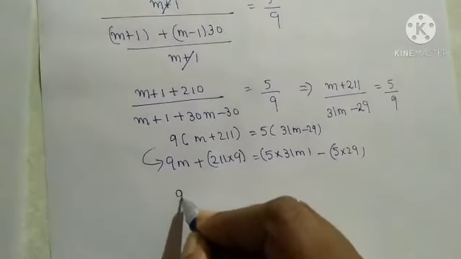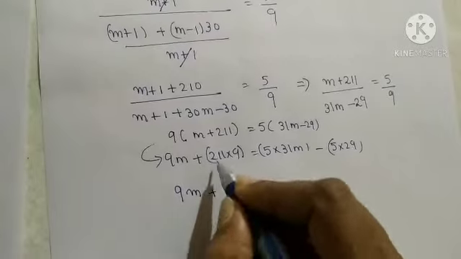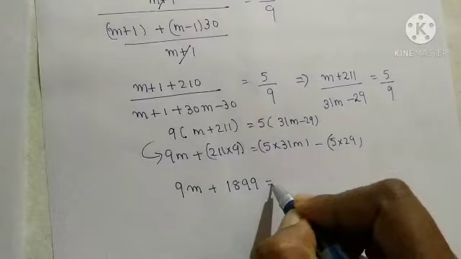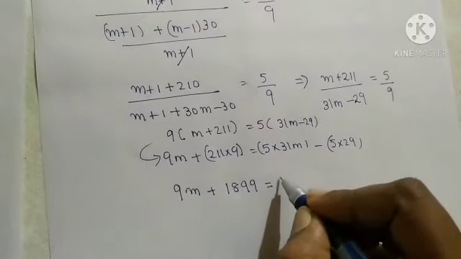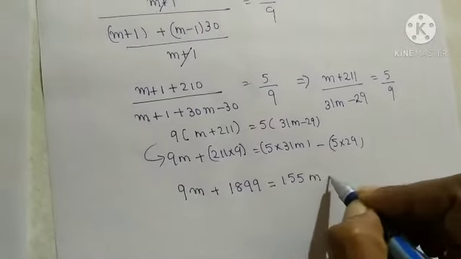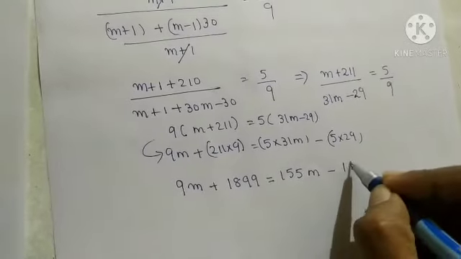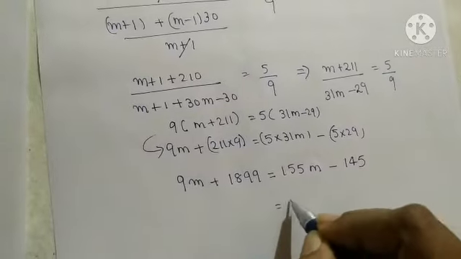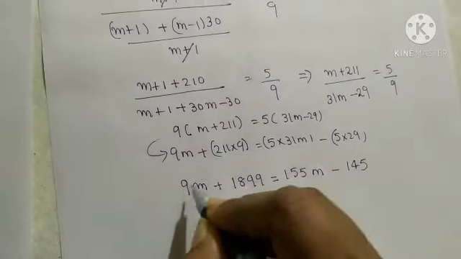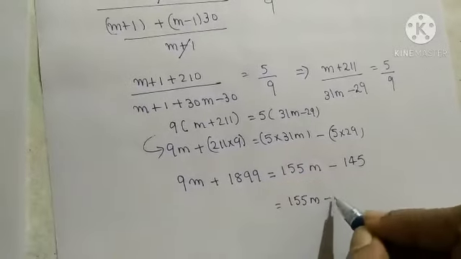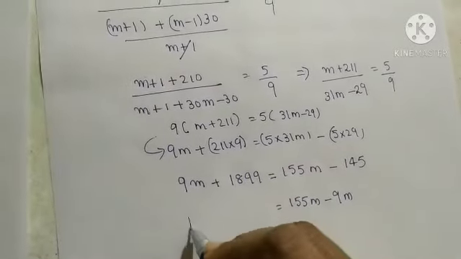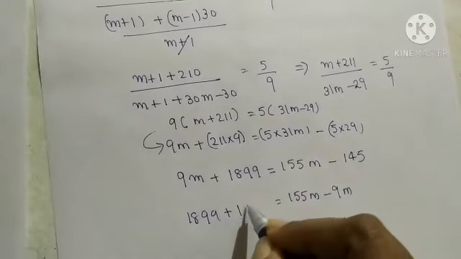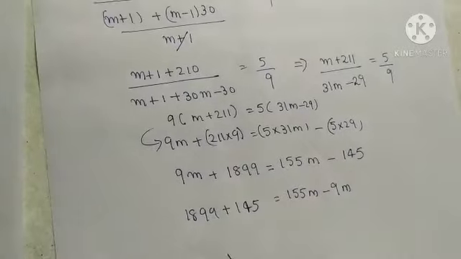So finally we get 9m plus 211 into 9, which is 1899, equal to 5 into 31, which is 155m, minus 5 into 29, which is 145. Taking 9m to the RHS, it becomes minus 9m, and taking minus 145 to the LHS, it becomes plus 145.